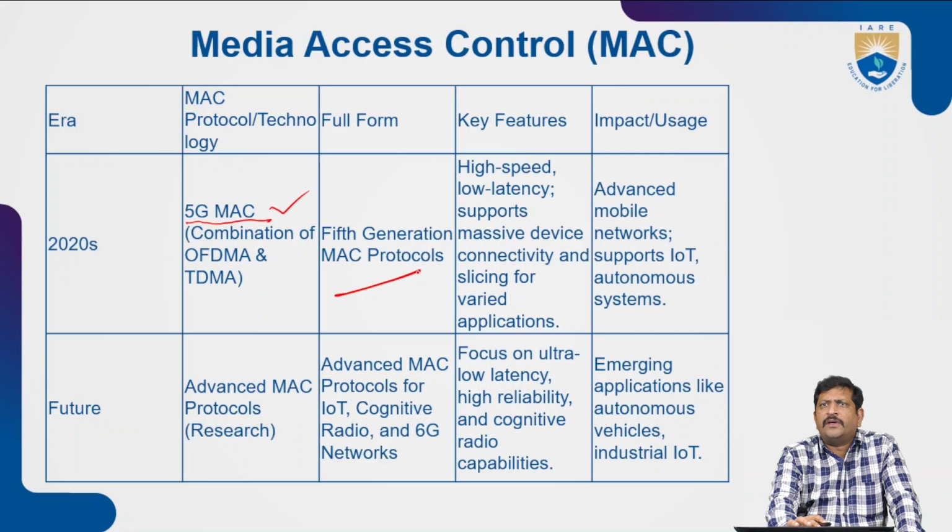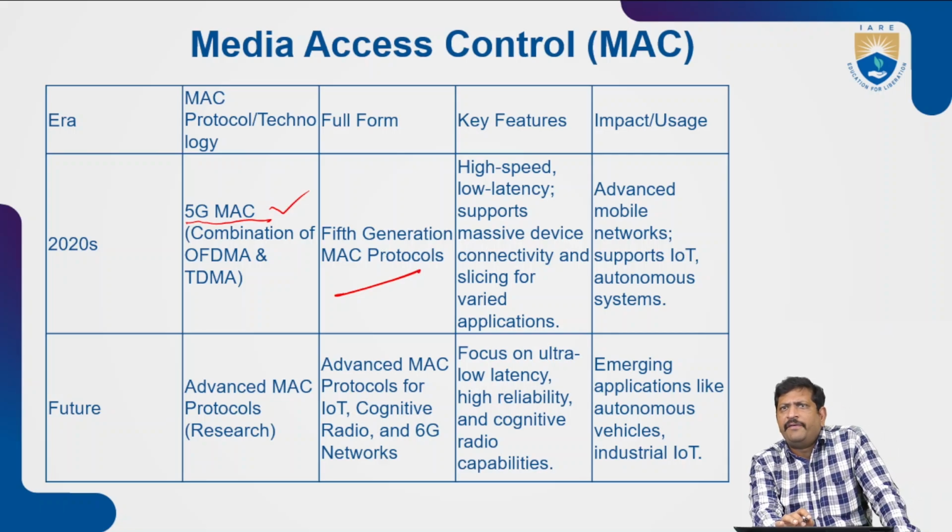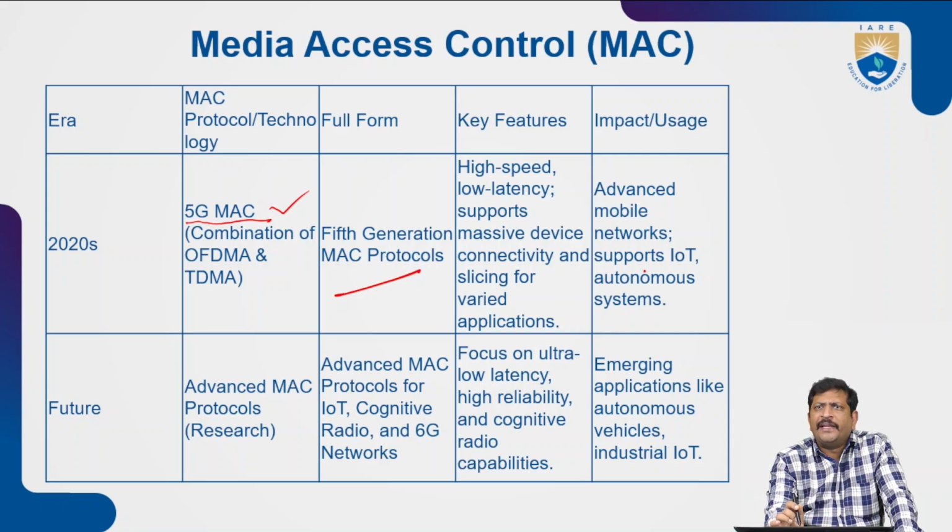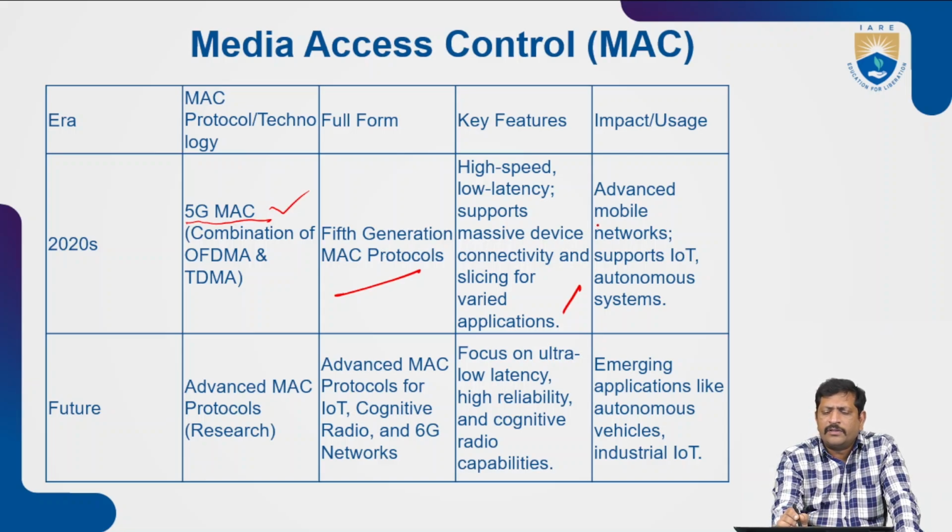It offers very high speed and low latency, and supports massive numbers of connected devices, with slicing for various applications. So it supports various applications which need low latencies, and it is used in advanced mobile networking.